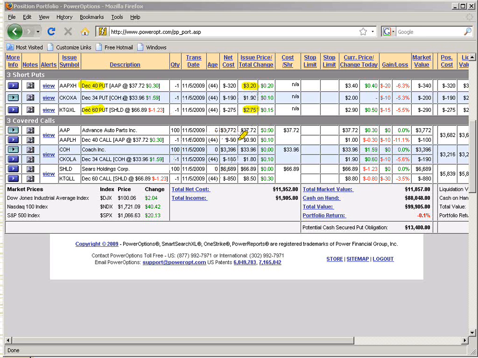The 90 cents I received here for the out of the money December 40 call, that's all time premium, but the December 40 put is $2.28 in the money. It's trading at $40 per share. We had an out of the money call, covered call position. This is now an in the money naked put position, which I would never recommend that you do.